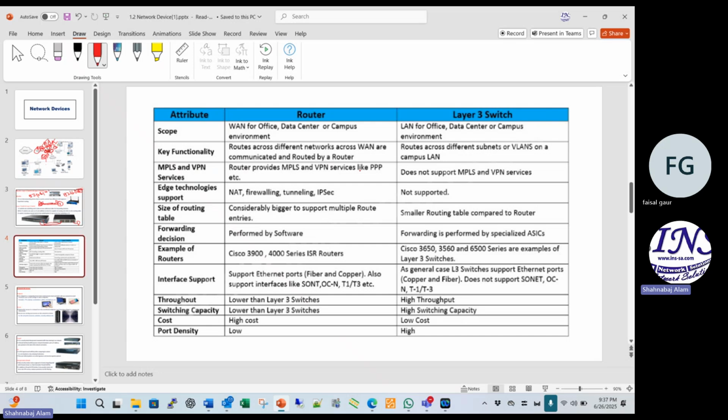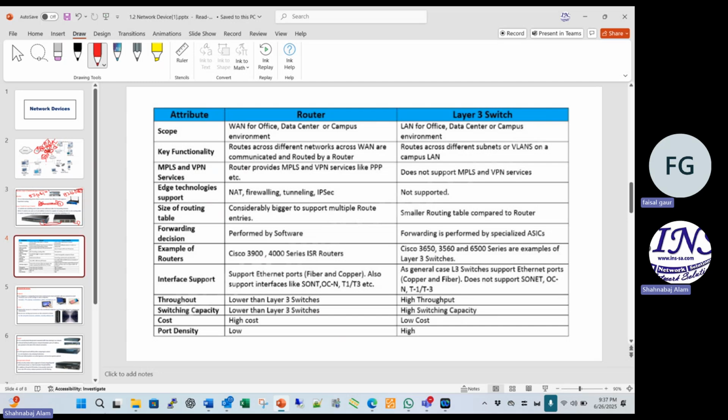Suppose I am right now in my room and I want to access our office network from my room. How can I access it without VPN? Suppose our office has a FortiNet firewall. We only need to install the FortiNet client, and then we are able to access.